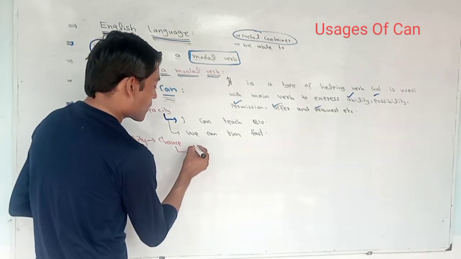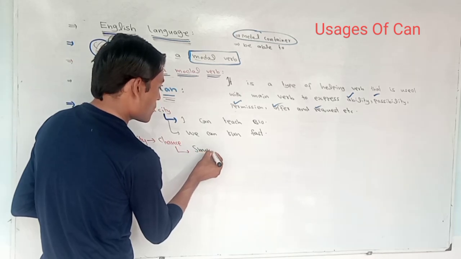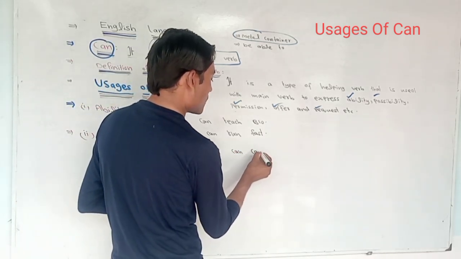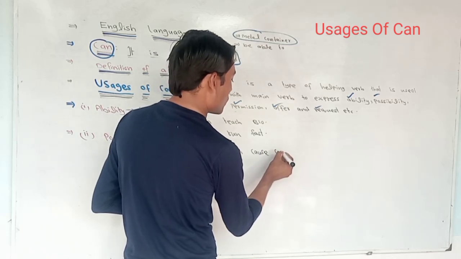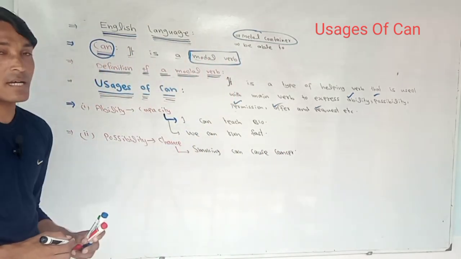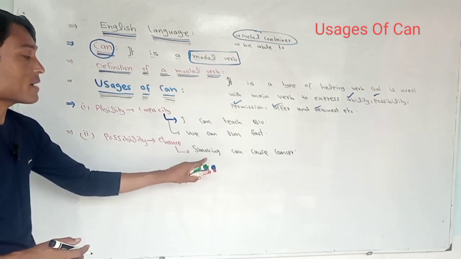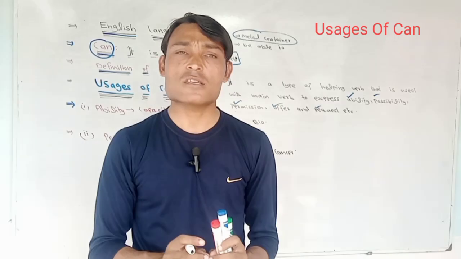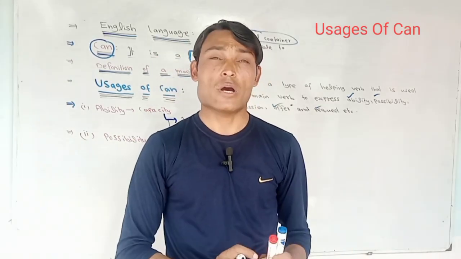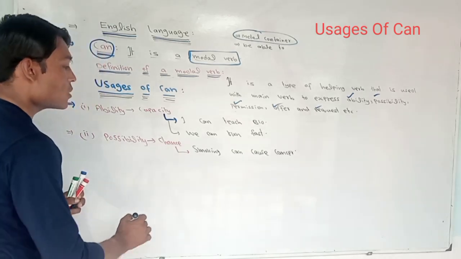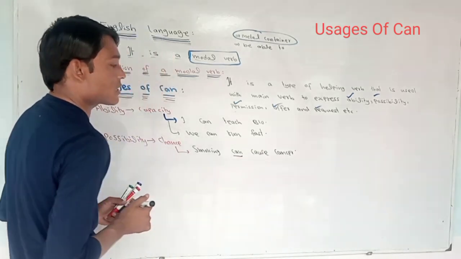If you smoke cigarettes, there will be a chance of cancer. So if we talk about possibility, we need to use the word can here. This is called the second usage.